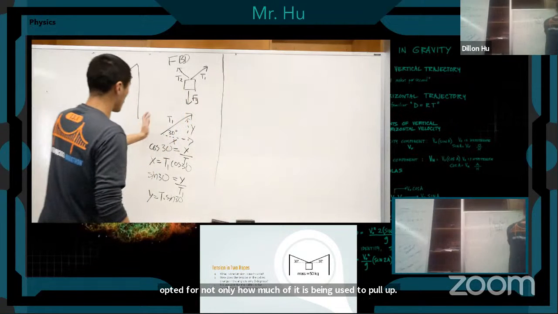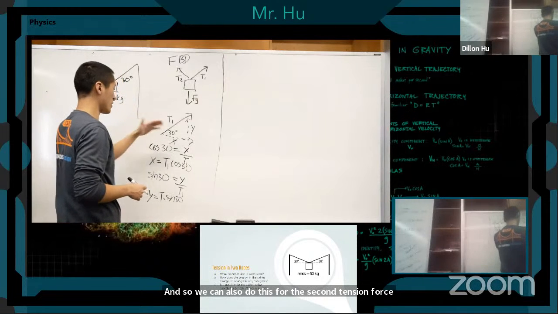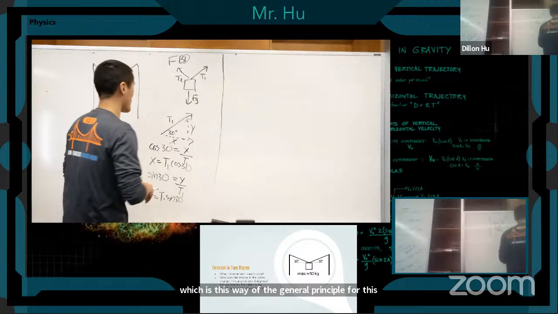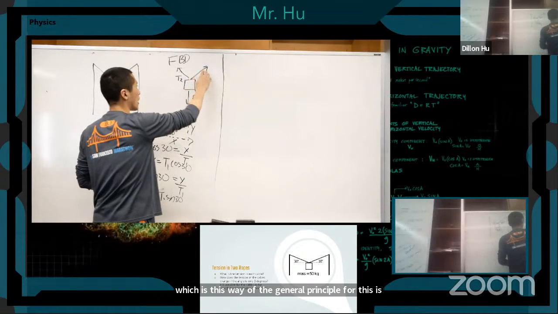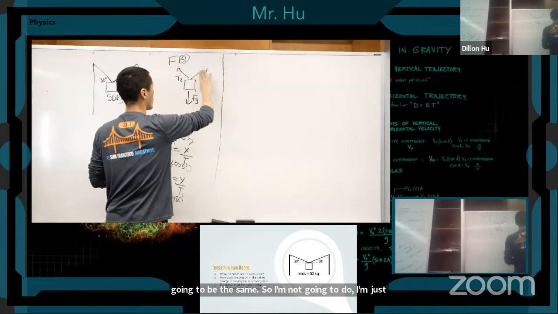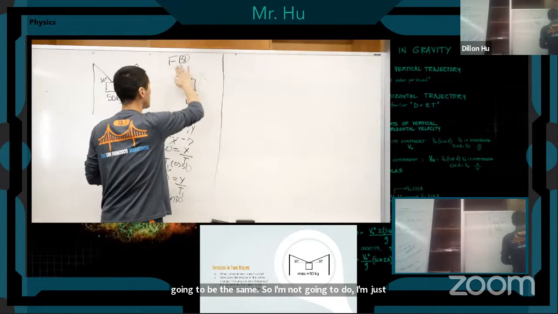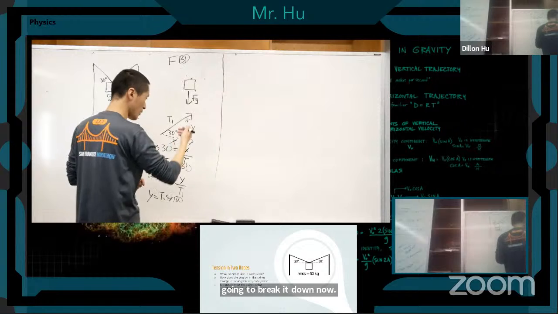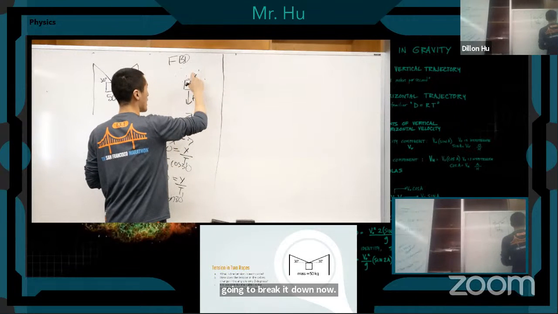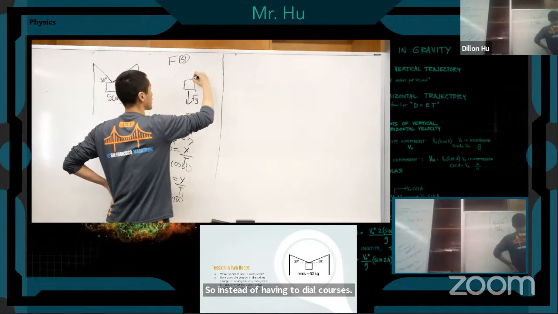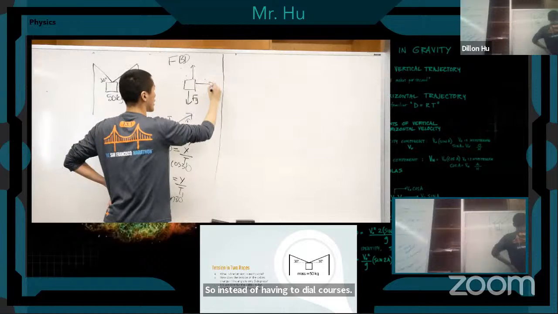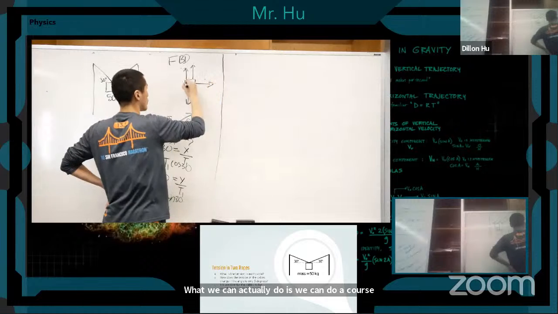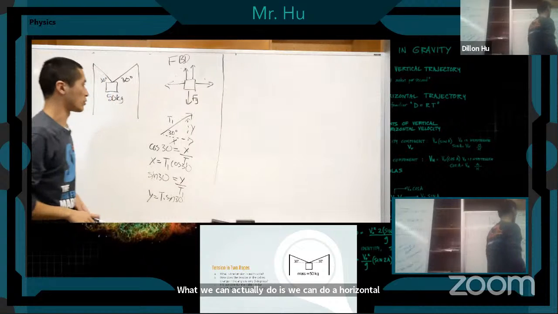We can also do this for the second tension force, which is this way, but the general principle is going to be the same, so I'm just going to break it down now. Instead of having these two diagonal forces, we can do a horizontal and vertical force for each one of these cables.